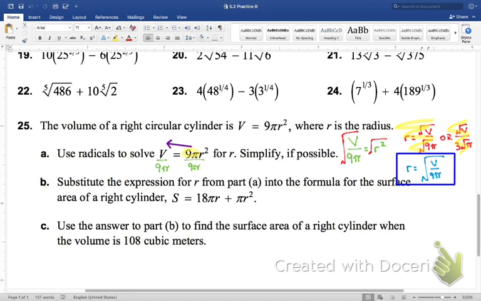All you're doing is each time that you see an r, instead of having r, so like right here or right there, you're going to plug in one of those three things, whichever one you used. It doesn't matter which one, if it's the top left or the top right or the one in the box, that's what you're going to plug in for r.